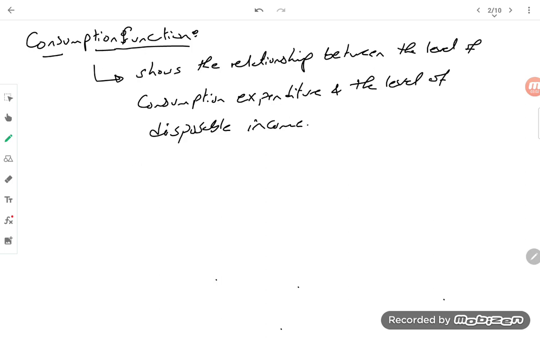So we can write it as C is a function of, or depends on, disposable income, or YD.